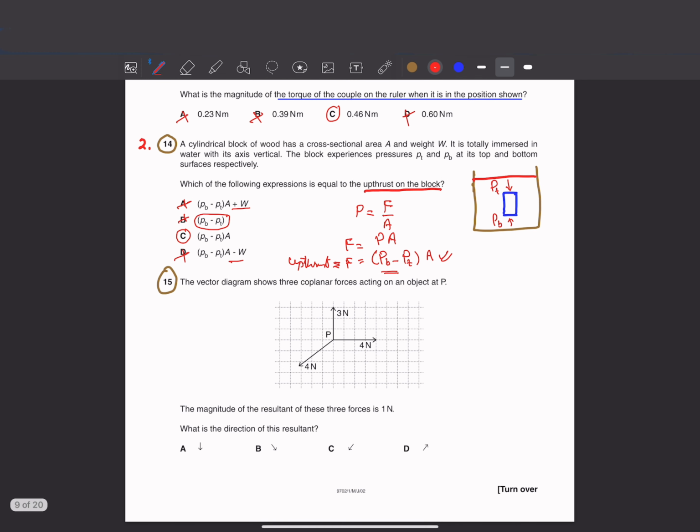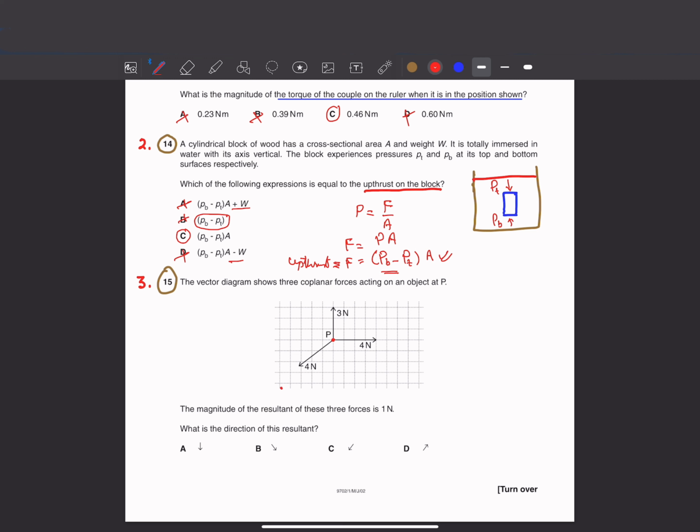When you go to question 15 in our sequence, we can say it is question 3. So what they are saying here: the vector diagram shows three coplanar forces acting on an object at P. So here you have the object, and you can see that the coplanar forces, that is, all these forces, are lying on the same plane.